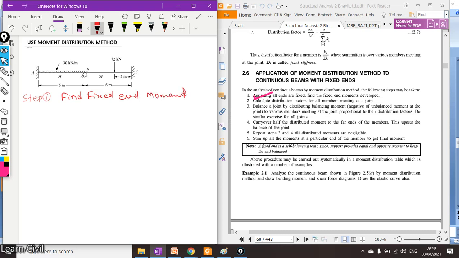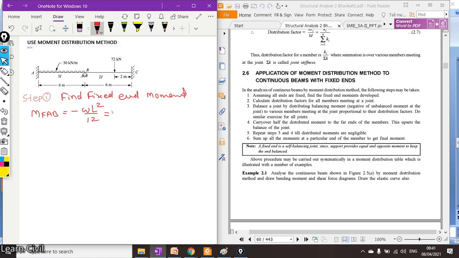Step number 1, assuming all the ends fixed, calculate the fixed end moment developed in the beam. So we'll calculate the fixed end moment. MFAB, the formula will be minus WL square upon 12.